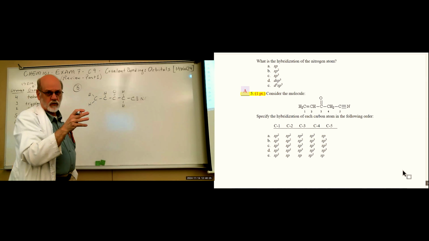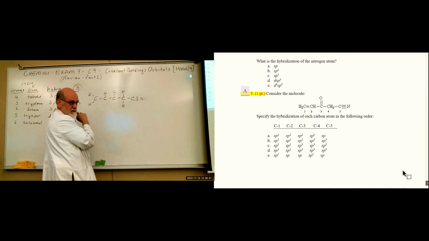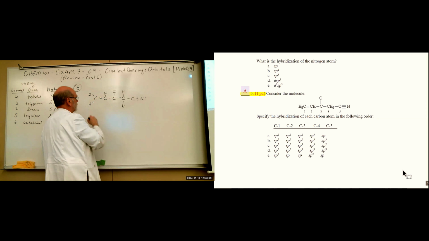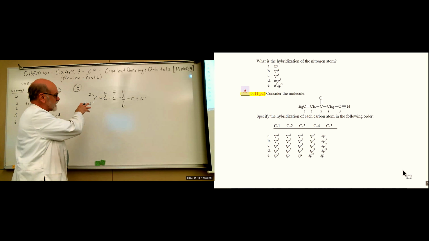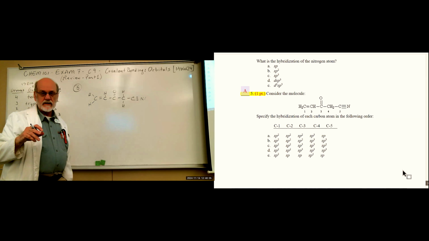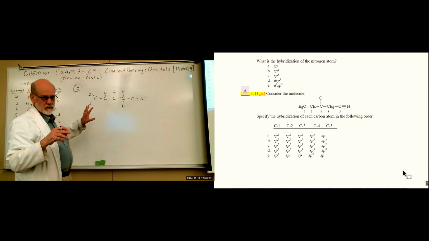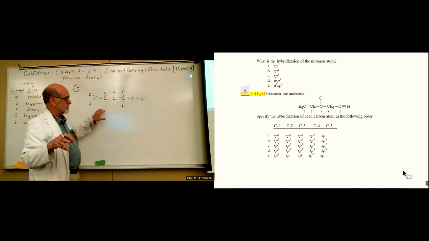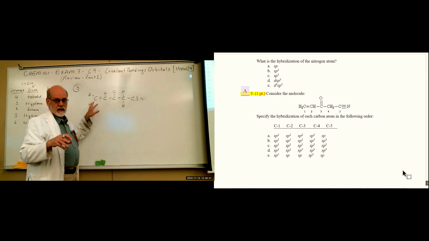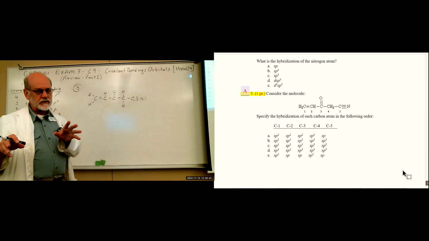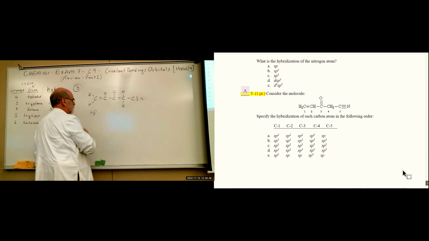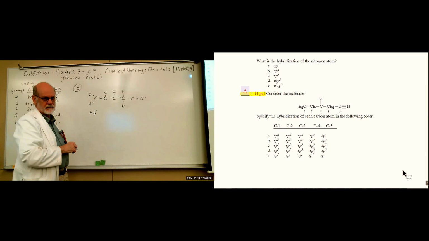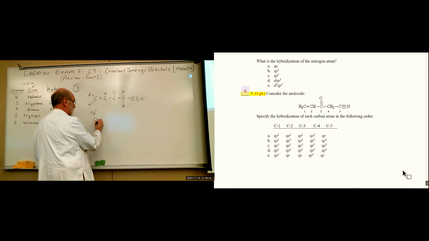Now it drew them in shorthand version, but that's what it should look like with a double bond there. So the reason I drew it that way is because it's easier to answer the question if we see it this way. If you see it the way it's written there, you have to understand that this is written like that. Or sometimes it's written like this.